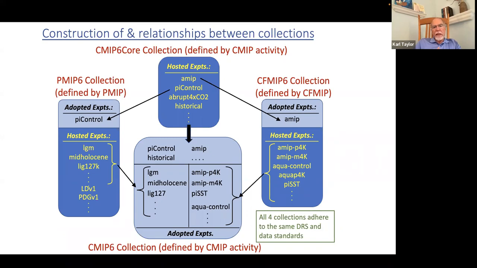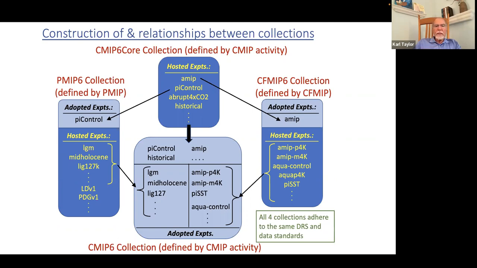CMIP is at the top there, and it hosts AMIP, the DECK runs, the PI control run, the historical run. And these experiments are really used by many of the MIPs that participate. And so they could be incorporated into their own collections.